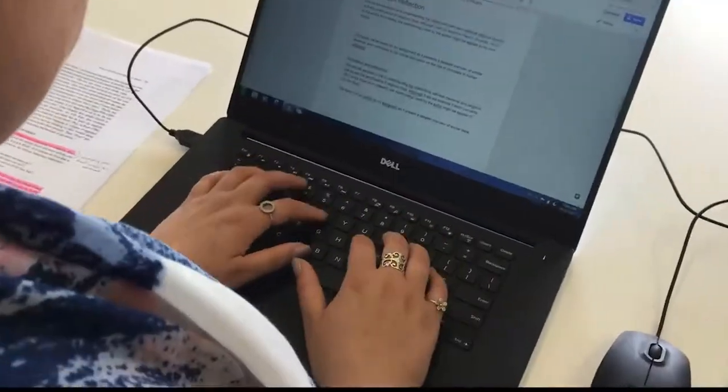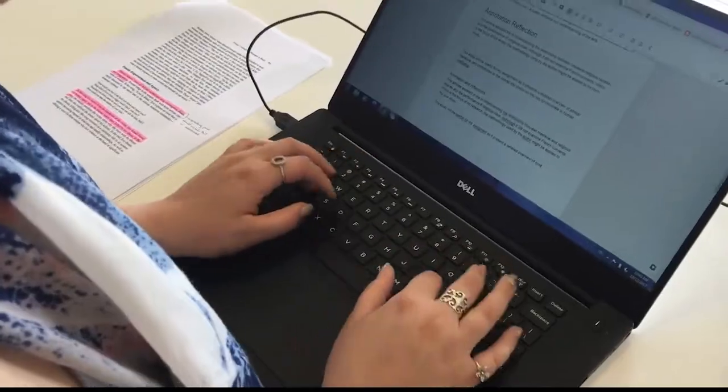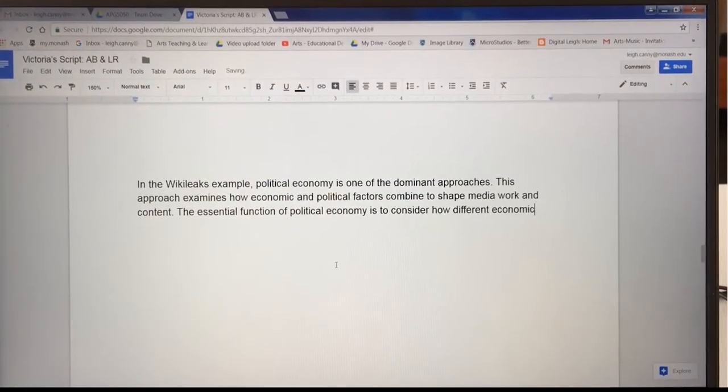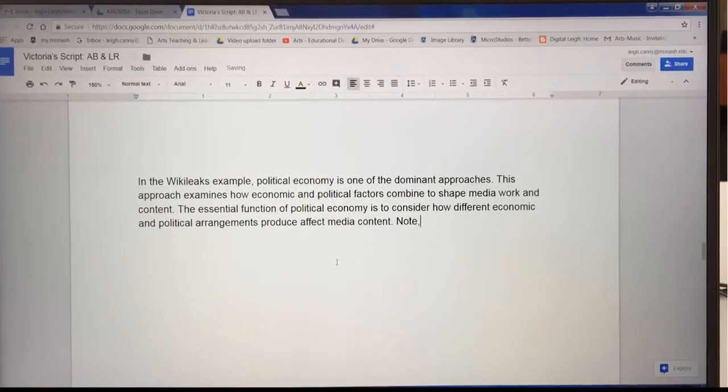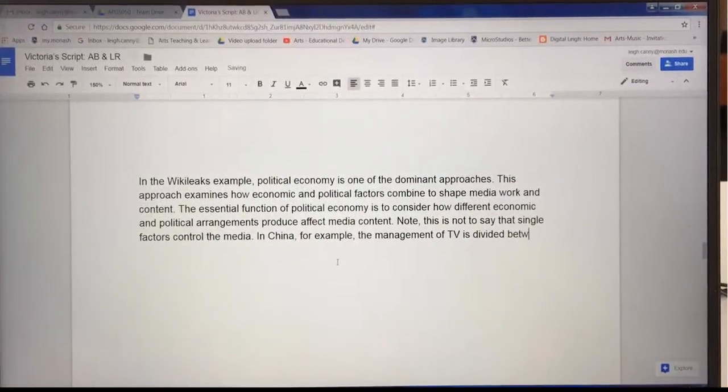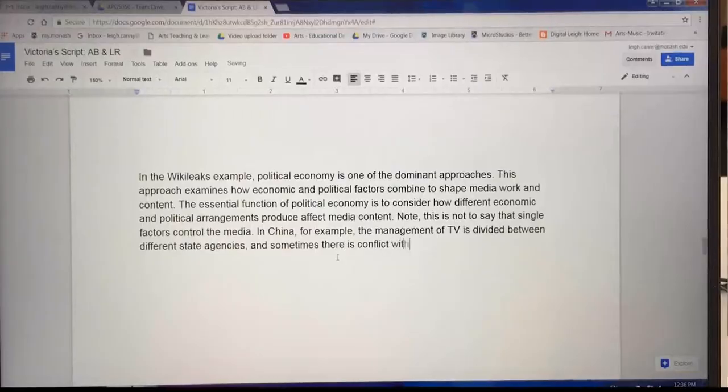This approach examines how economic and political factors combine to shape media work and content. The essential function of political economy is to consider how different economic and political arrangements affect media content. In China, for example, the management of TV is divided between different state agencies, and sometimes there is conflict within these.